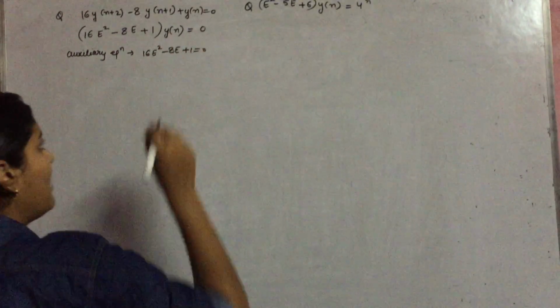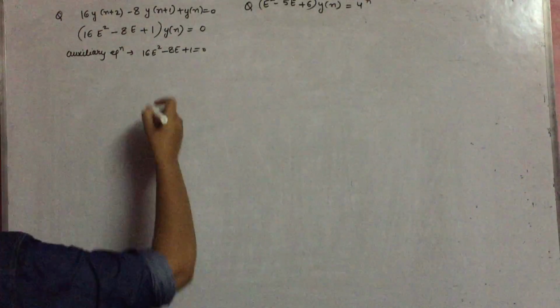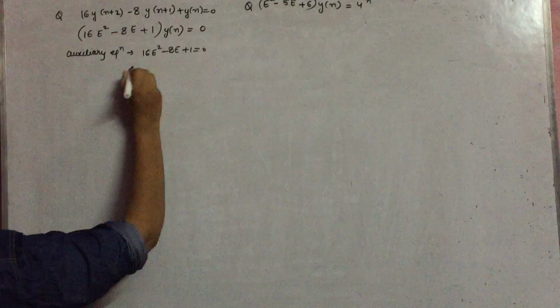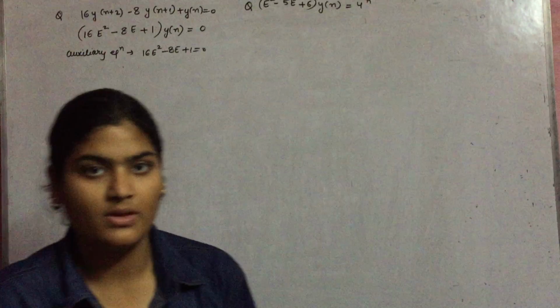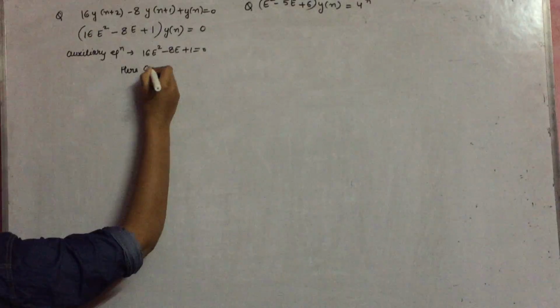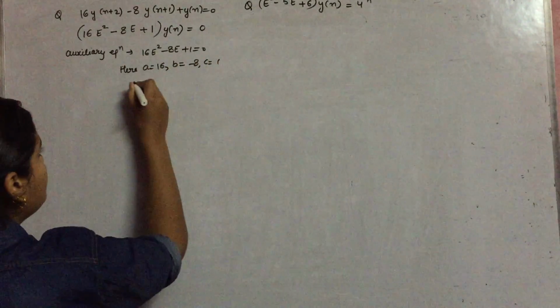Now you have to solve it for E. You can solve it easily by the factorization method or the quadratic formula method. So how can you evaluate it? Using the quadratic formula, here a is 16, b is minus 8, c is 1.